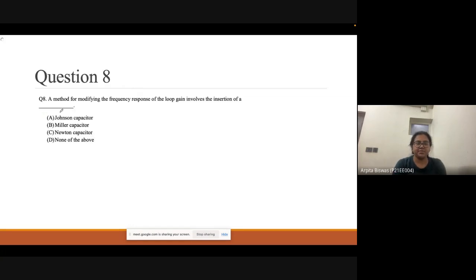Next, question number 8. A method for modifying the frequency response of the loop gain involves the insertion of a dash. First option is Johnson capacitor. The second option is the Miller capacitor. The third option is the Newton capacitor. And the fourth option is none of the above.